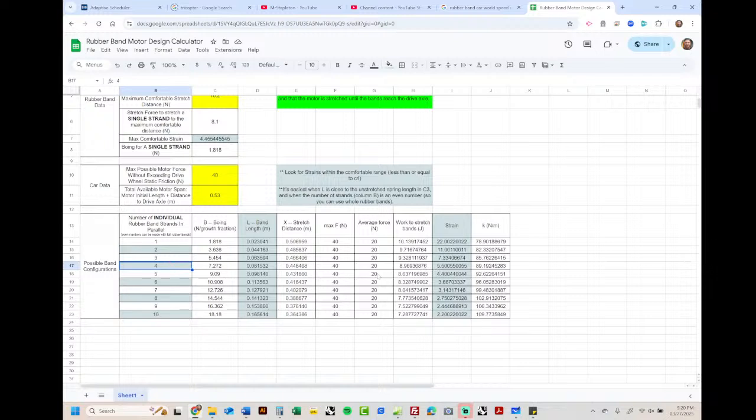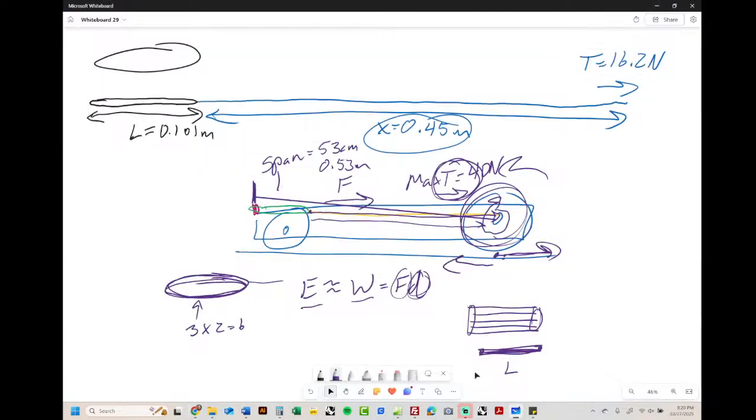A little bit about what's going on here. This length plus this x equals this distance. Oh, no, sorry. This distance. This is the span. So I've done some algebra, and I've decided that I want to basically use all this available space right here with my motor.